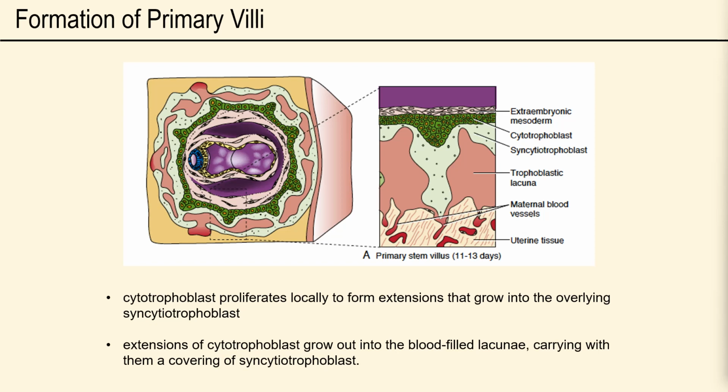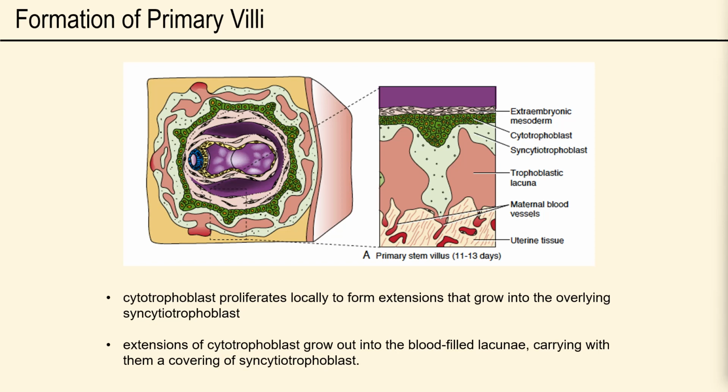Once we get to this stage in development, we can zoom in on these cells, which is what the image on the right demonstrates. We can see the formation of something called primary villi. The extraembryonic mesoderm signals to the cytotrophoblasts and encourages them to proliferate locally and form projections into the syncytial trophoblasts.